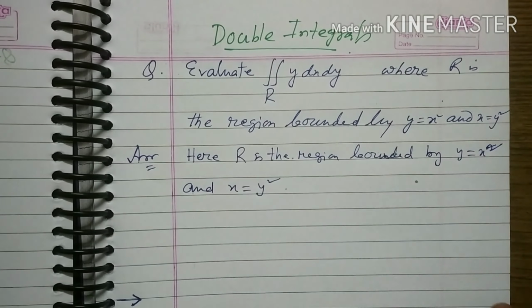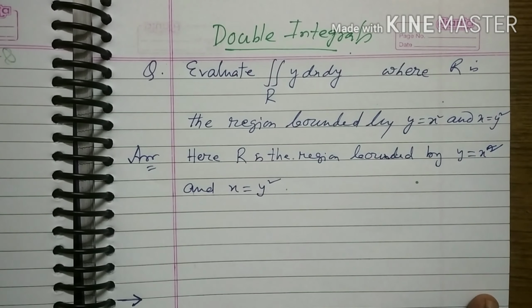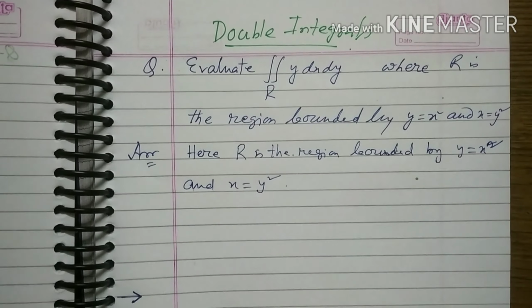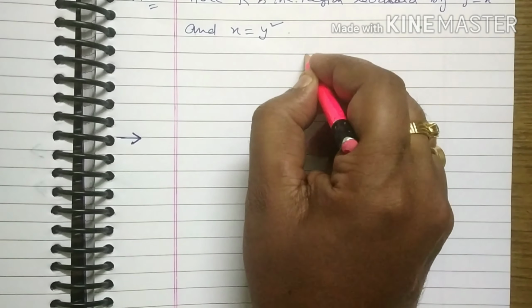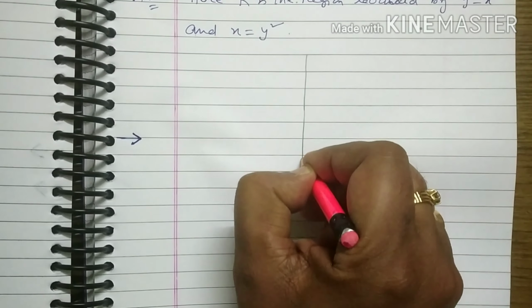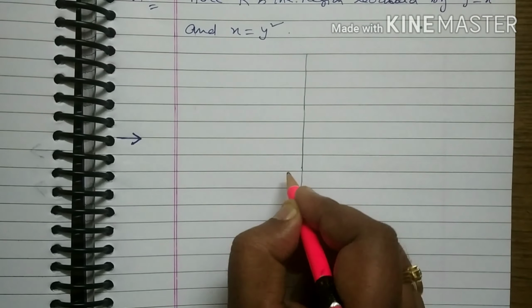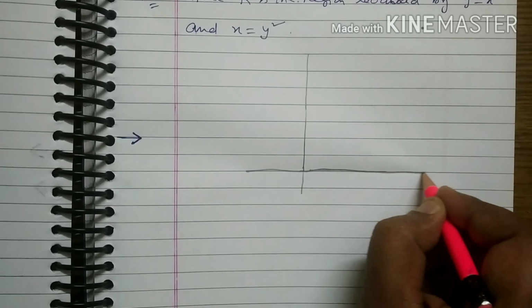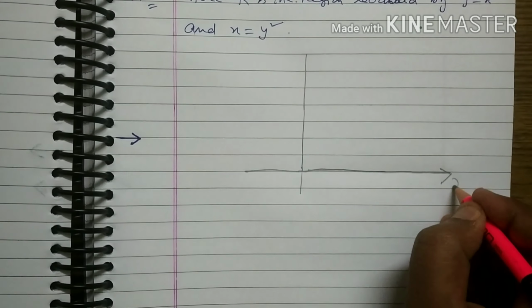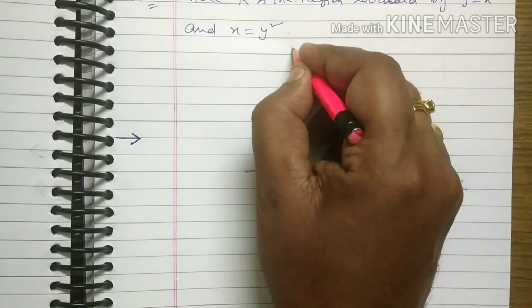So in this double integration, region is a very important factor. Okay. Now, this is x, this is y.